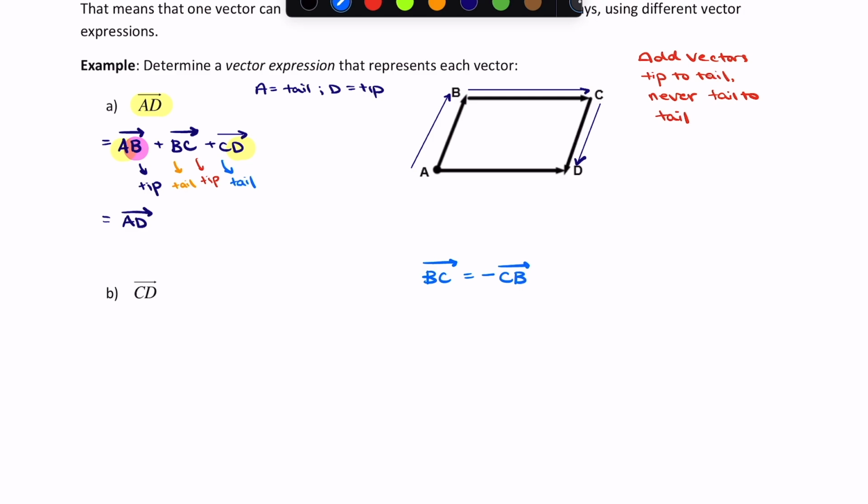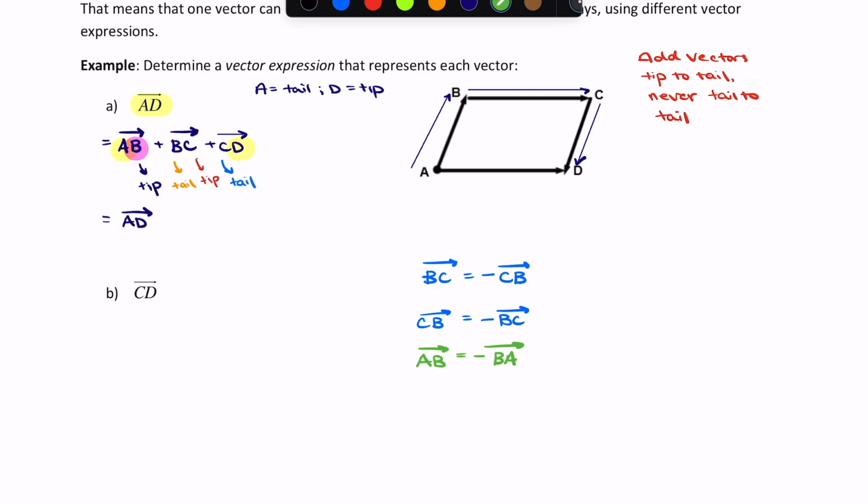Or we can write vector CB as equal to negative vector BC. So we also can write vector AB is equal to negative vector BA.